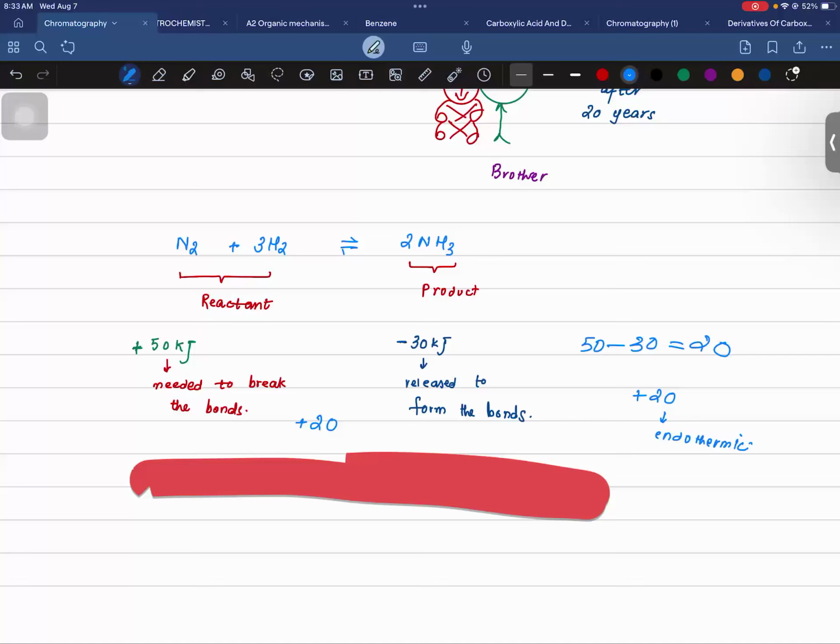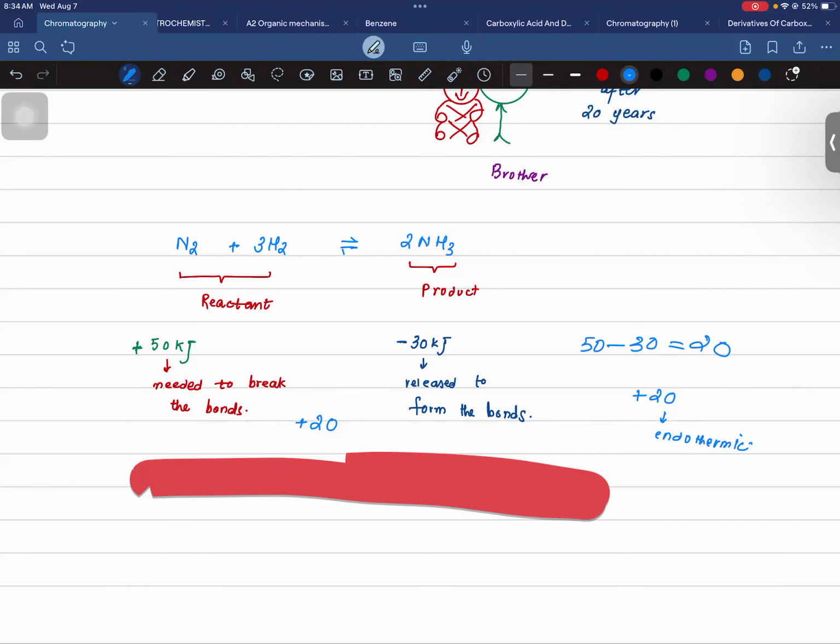So now, if you ask, sir, you were telling us that you would have some other definition of exothermic and endothermic systems, I'm going to tell you. As you can see in this reaction, the energy to break the bond is higher, that is plus 50. I need your attention, this is very important to know.